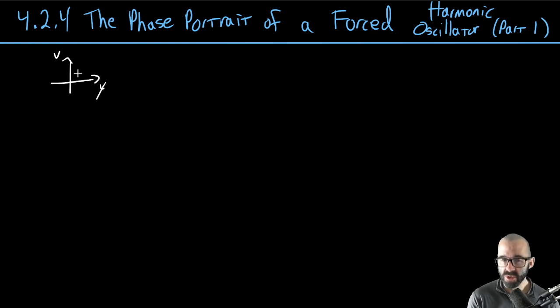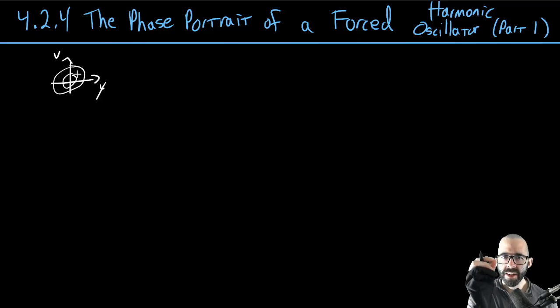And when we had phase portraits in the past, we said our solutions didn't cross because we had uniqueness. And we still have uniqueness here. But now time is happening in the phase portrait. So you could think of having one phase portrait, but then imagine a little slider for time.